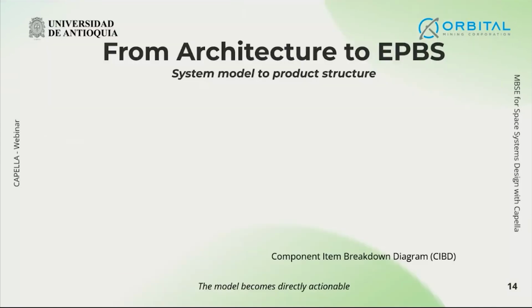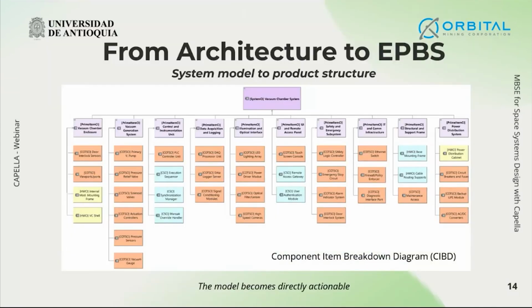And now here I present the EPBS. This component item breakdown diagram helped us identify configuration items. Here we distinguish between COTS, or commercial off-the-shelf components, custom hardware, and software elements.